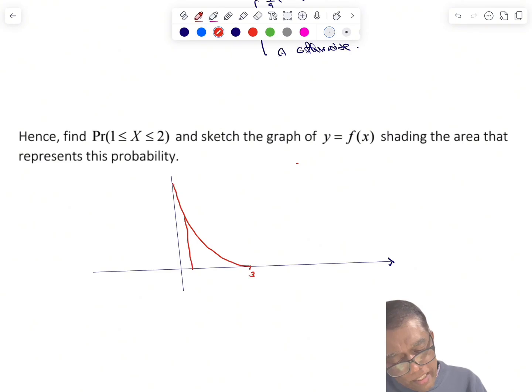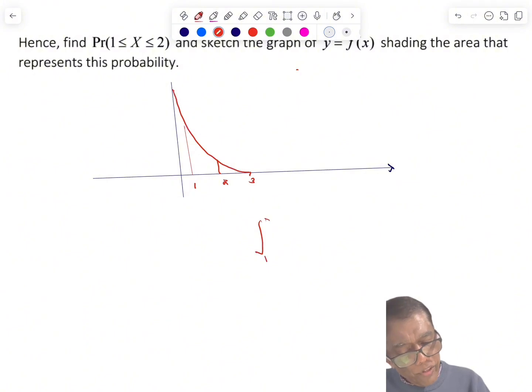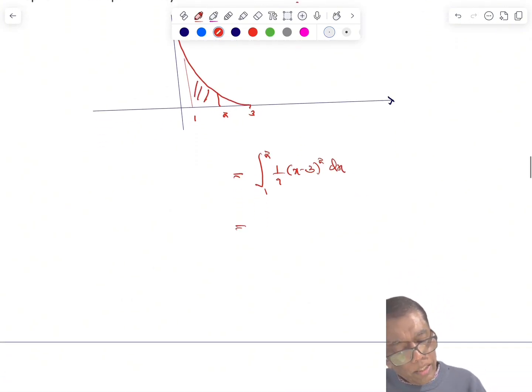We are asked to find the probability from x equals 1 to 2. That means we have to integrate the function from 1 to 2 of 1 over 9 times (x minus 3) to the power of 2 dx. This is the probability.